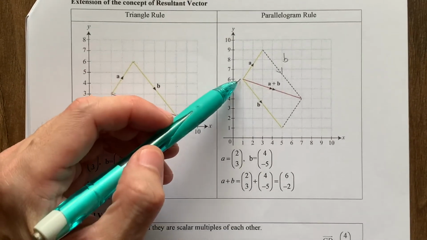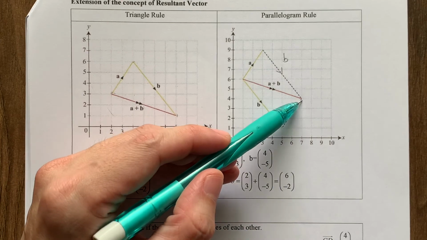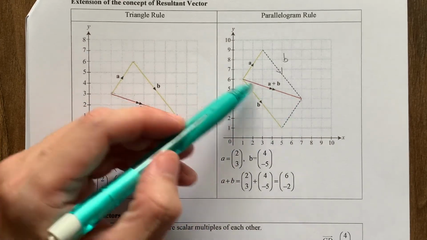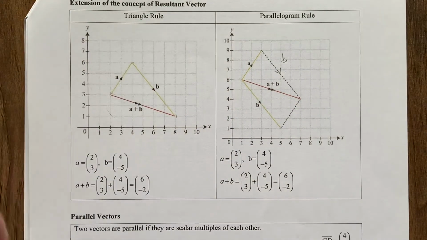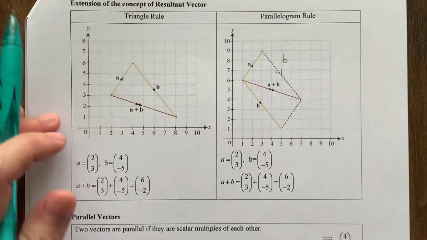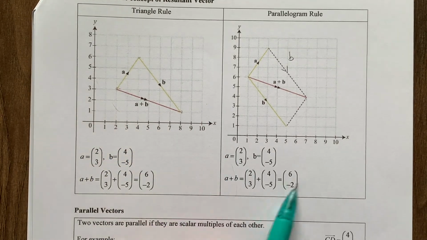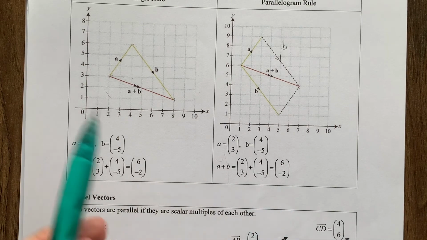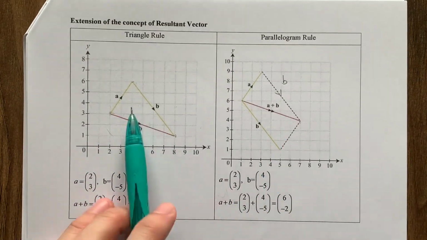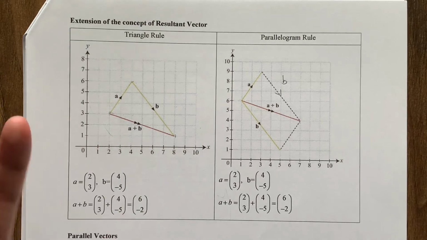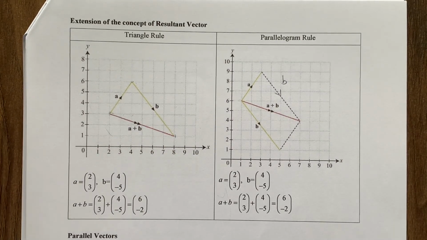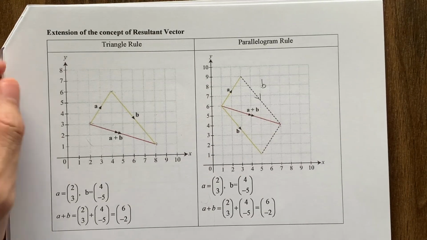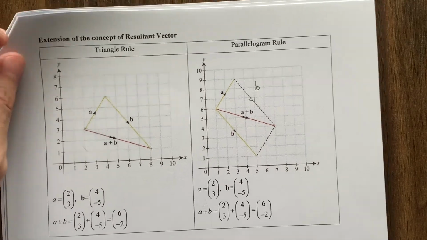So actually a plus b is equal to this line, which is this vector, which is a plus b. So it's the same thing, right? This is just a visual example. You can see that in this case, my a plus b is still 6, -2. That's all. So these two rules are just a convenient thing. The crux of this is still the resultant vector, which you already learned in key skill 1.